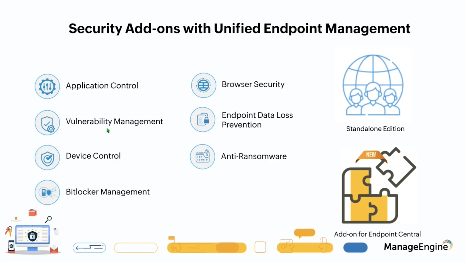You have a vulnerability scanning tool inbuilt within the solution, and device control focuses on all the peripheral devices which are getting connected, browser security, BitLocker management, endpoint DLP, and we're also going to talk about malware protection, which comes along with anti-ransomware inbuilt within it.